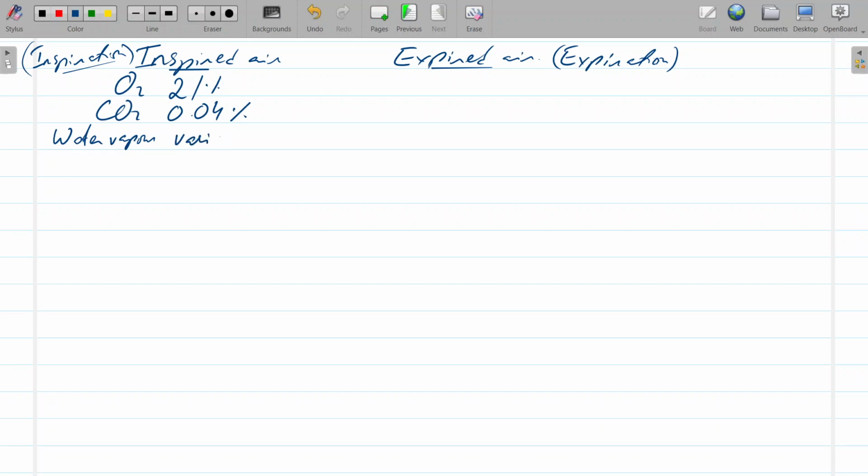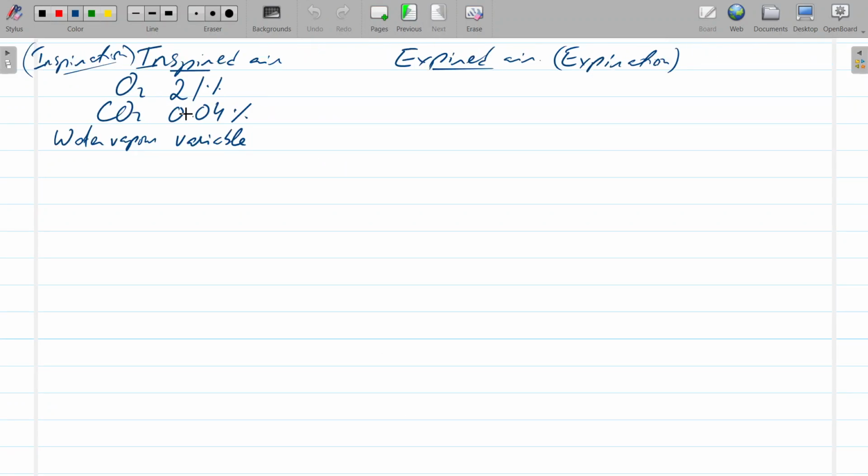There's no fixed percentage that makes up the air, or that you need this much water vapor in air to be a proper mixture. The percentage of nitrogen is 78%. O2 and CO2 are pretty much constant in the air. Water vapor depends. In expired air, the percentage of oxygen is 16%.